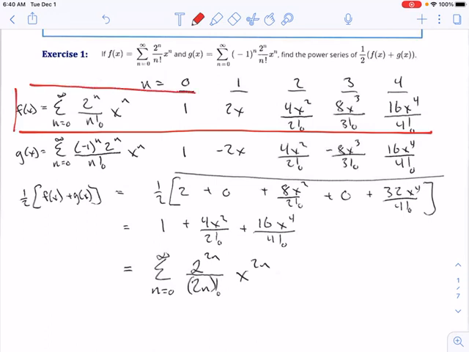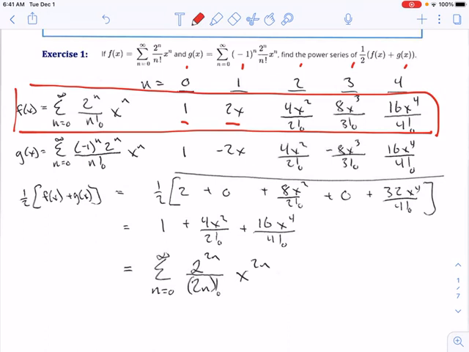What I like to do sometimes is write my n numbers up above: n equals 0, n equals 1, 2, 3, 4, kind of like making a little table here. So n is equal to 0, we end up with 1 for 2 to the n over n factorial times x to the n. And then 2x, 4x squared over 2 factorial, etc.